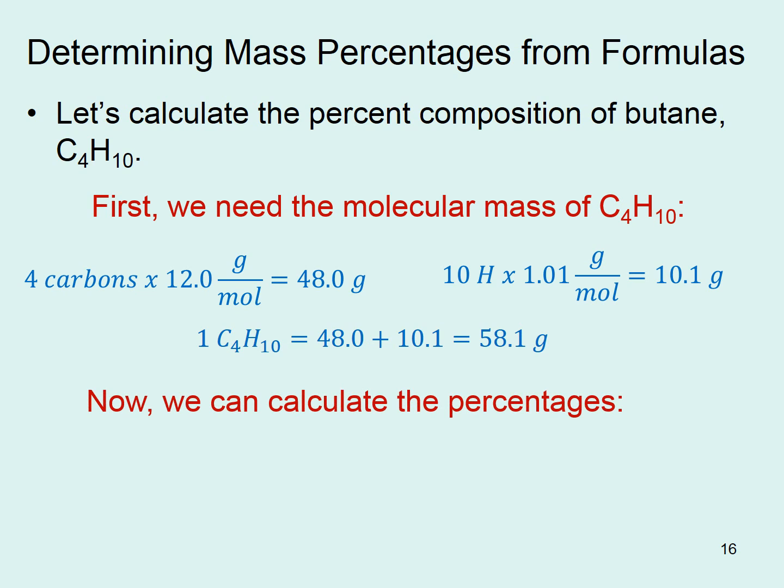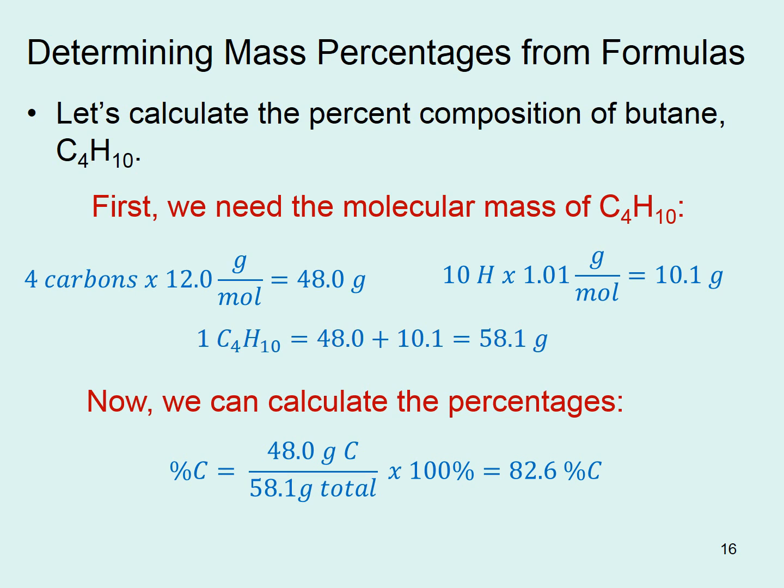So now we can calculate the percentages. The percentage is just the mass of one part divided by the whole. The percent of carbon is the 48 grams of carbon divided by the total, 58.1 grams, times 100%. So 82.6% of butane is carbon.